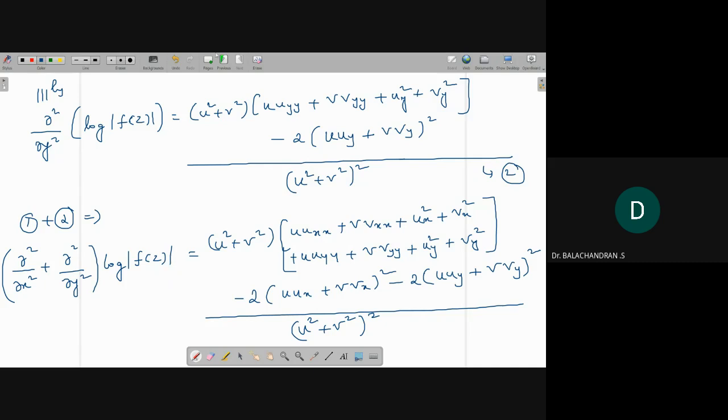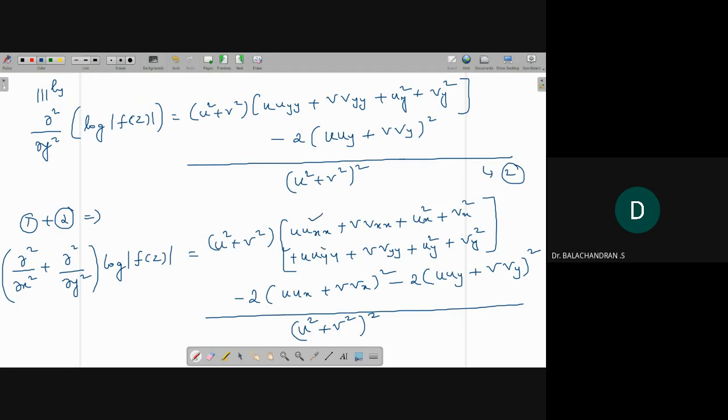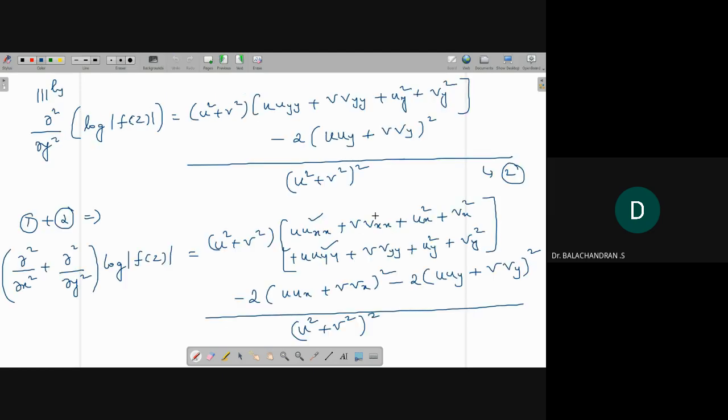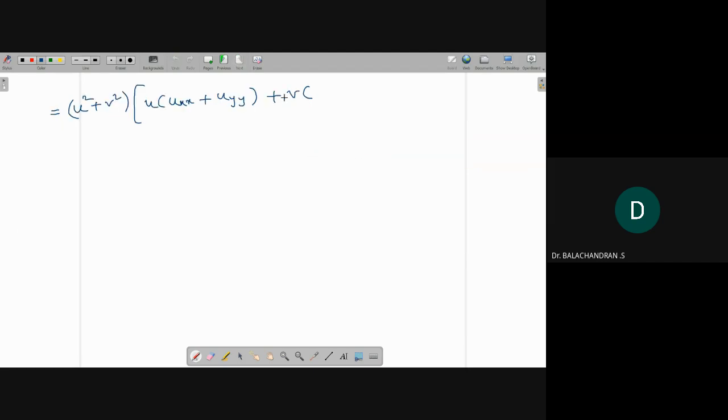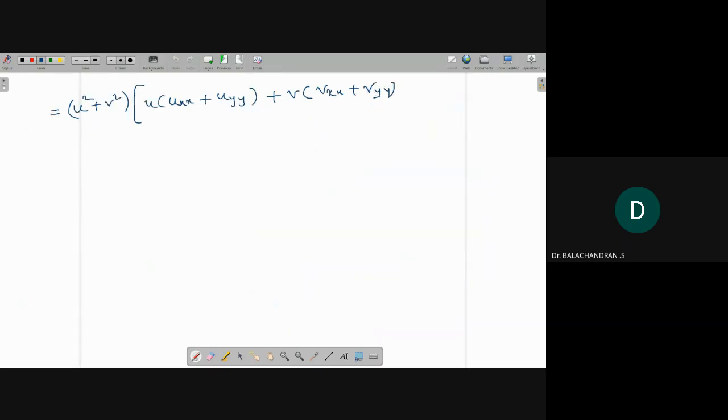Now the numerator, I will write u square plus v square into u into uxx plus uyy plus v into vxx plus vyy, okay, plus ux square plus uy square plus vx square plus vy square.